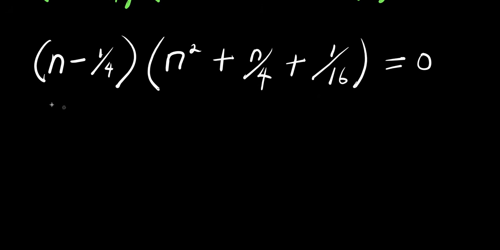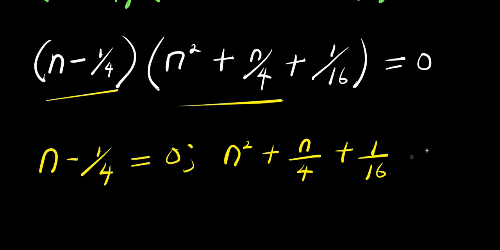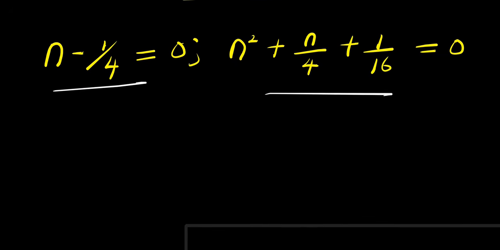So from here, I'm going to equate each of these to 0. I have n minus 1 over 4 equals 0. And also n squared plus n over 4 plus 1 over 16 equals 0. So right now, I have this and this other equation. So let's solve each of them.